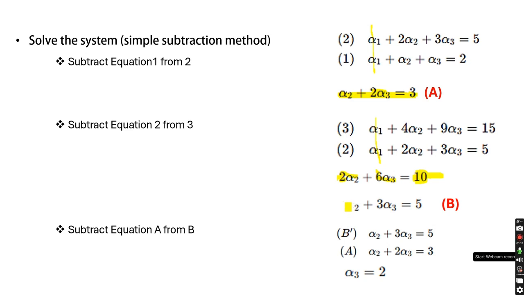So, this would become our equation B. And the next is, isubtract nato ang equation A from B. So, ang ato equation B, we have A2 plus 3A3 is equals to 5 minus A2 plus 2A3 is equals to 3. So, makita na to na there are alike terms.